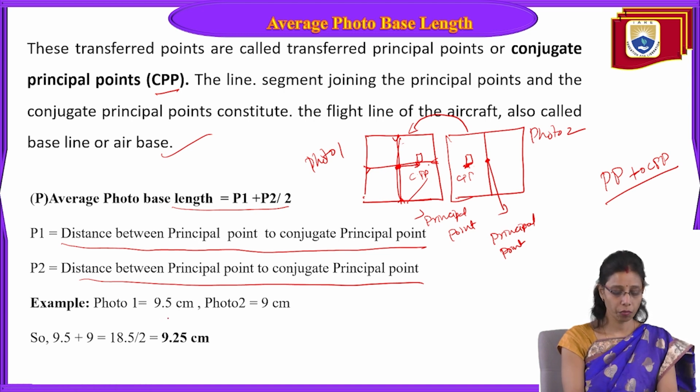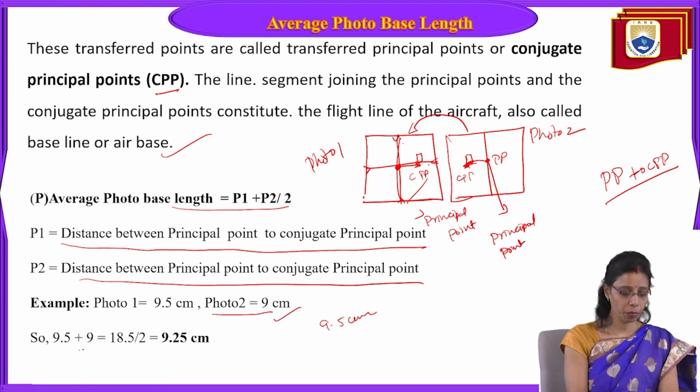Suppose for photo number 1, the distance from PP to CPP is 9.5 centimeters. For photo number 2, from PP to CPP, it is 9 centimeters. So we add 9.5 plus 9, which is 18.5, and divide by 2.